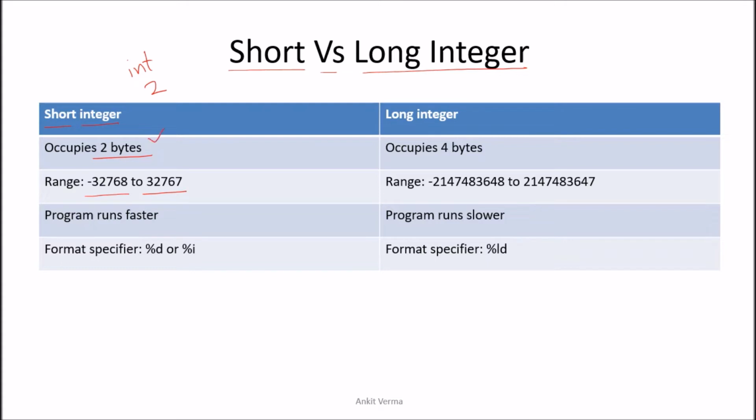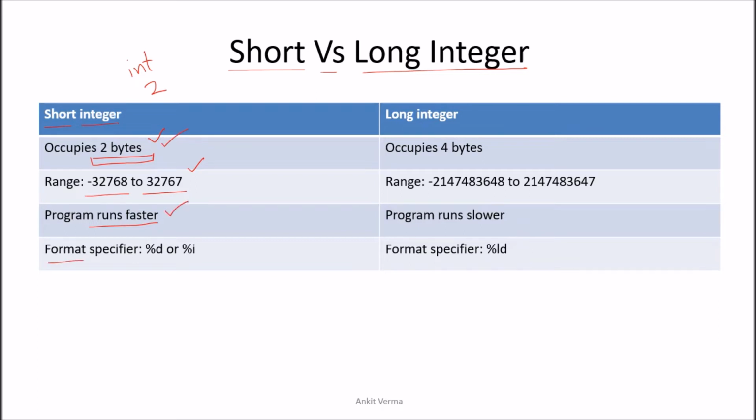In the 2 bytes of memory, this range is there. Because there is less memory, the program will run faster. Whenever you execute your program, it is first saved to the primary memory, then your program works. But suppose your program is taking huge memory, so it will be slow. That's why with less memory required, the program will be faster.